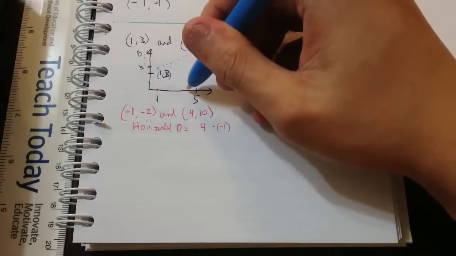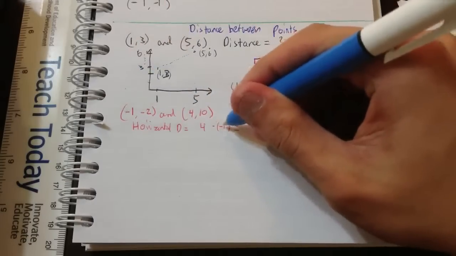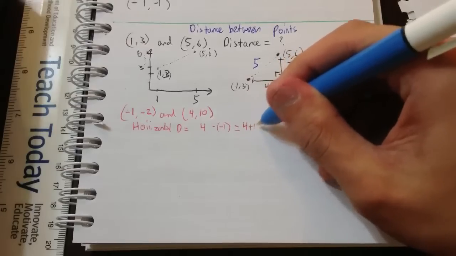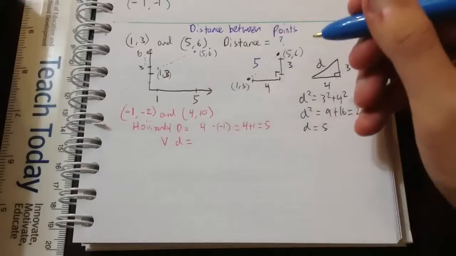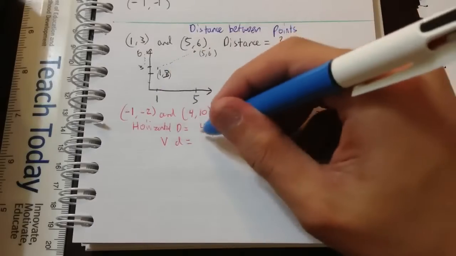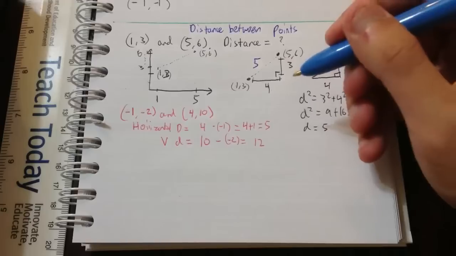Because it would be like, imagine 4 here and a minus 1 there. The distance between them would be 4 minus minus 1, which is 4 plus 1 equals 5. And then the vertical distance would equal 10 minus minus 2, which I'm pretty sure you guys would know now is 12.